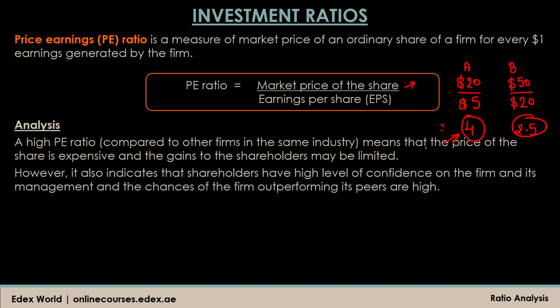So though the high PE ratio of a firm shows that the shares of that firm are expensive, maybe in the long term that firm will do better because overall the investors are expecting better performance from that share. So just saying that one should invest in shares of a firm with a lower PE may not be correct, or that one should invest in the shares of a firm with higher PE also may not be correct.